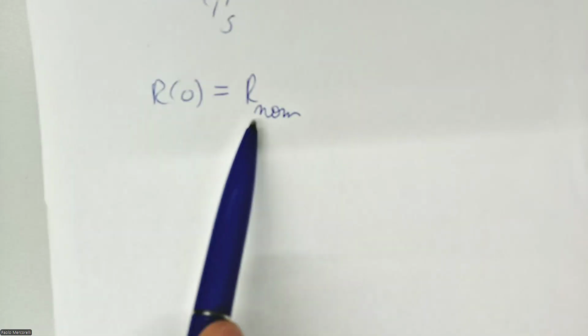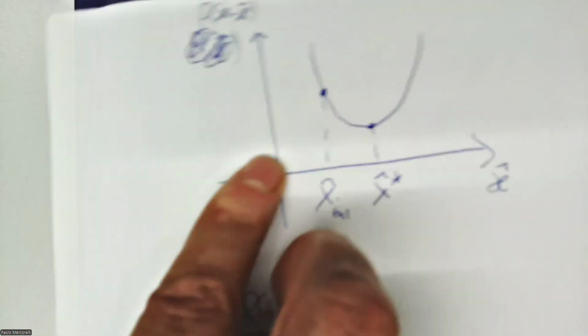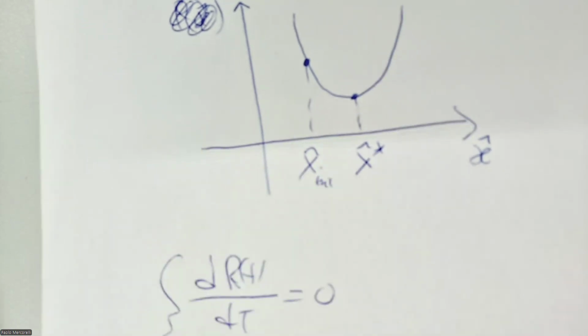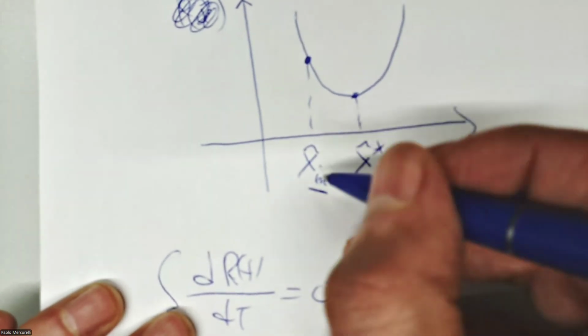It could be, as basically happens, that the final value, R nominal, is not known directly from the beginning. You remember this concept here. At the beginning, at time 0, we have an initial value.